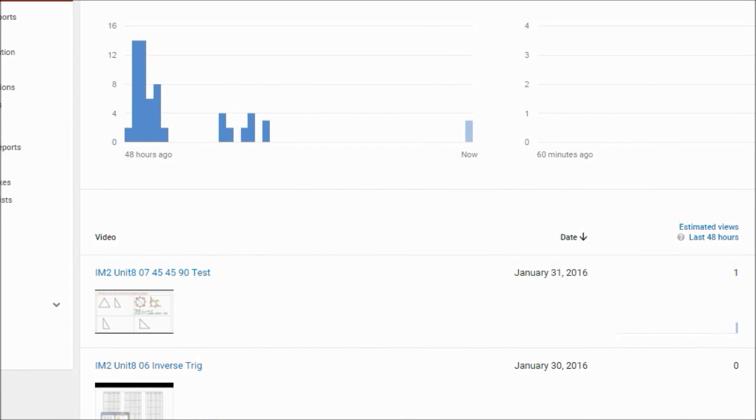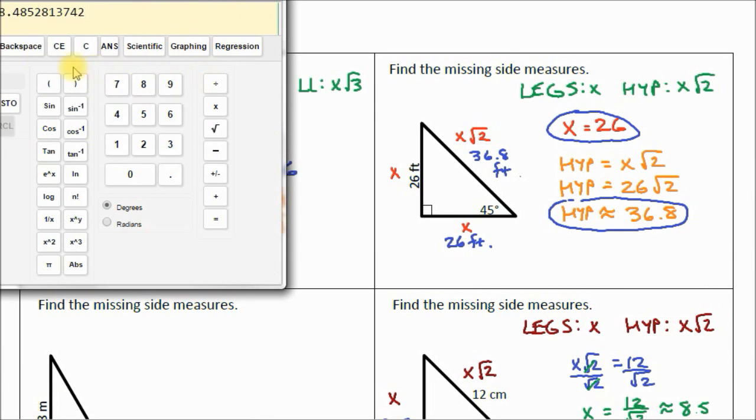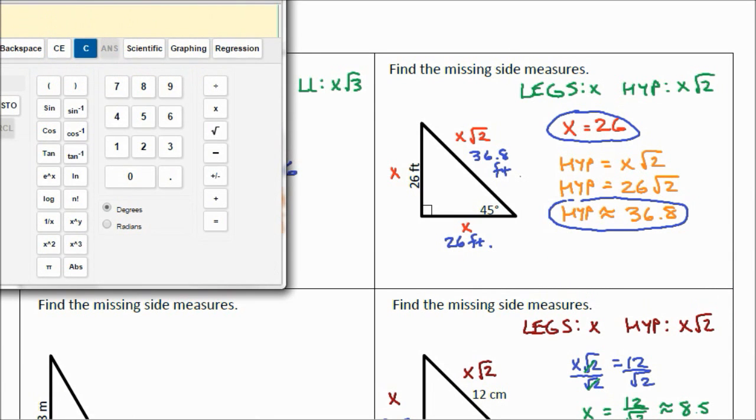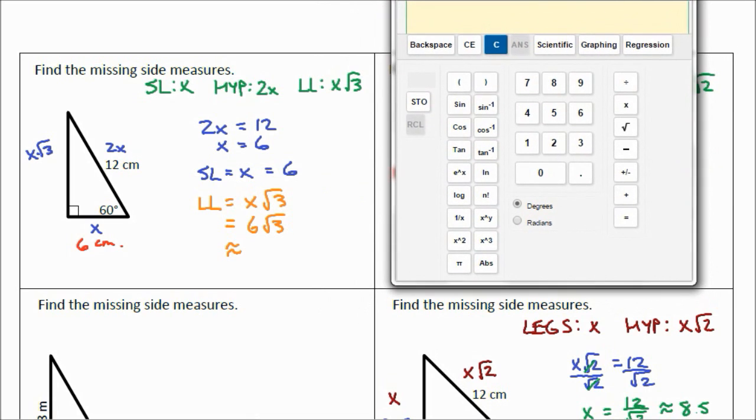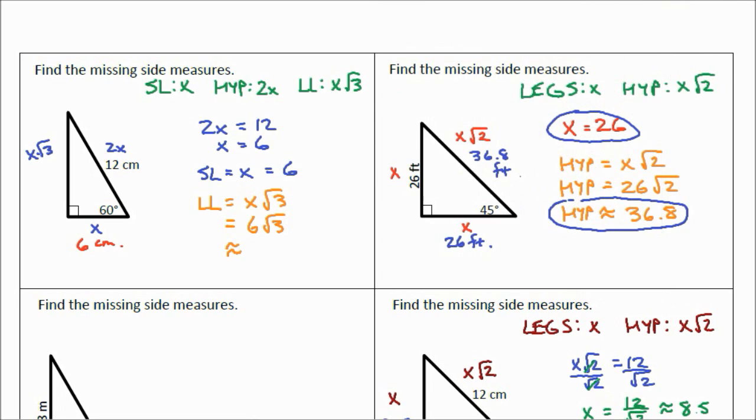So let's plug in 6 times the square root of 3. Close the parentheses, and we have 10.39. We can round that to 10.4.